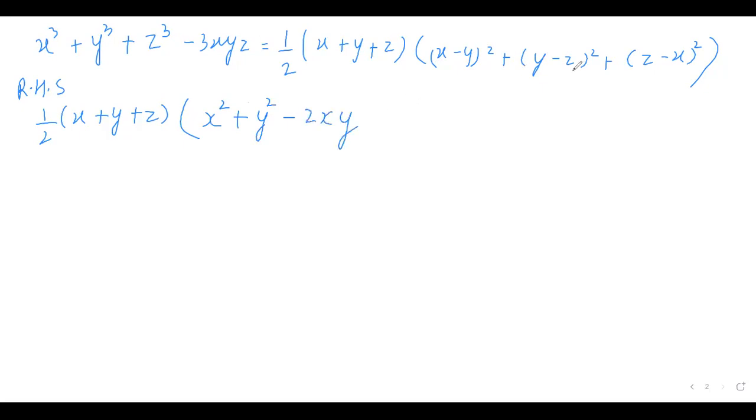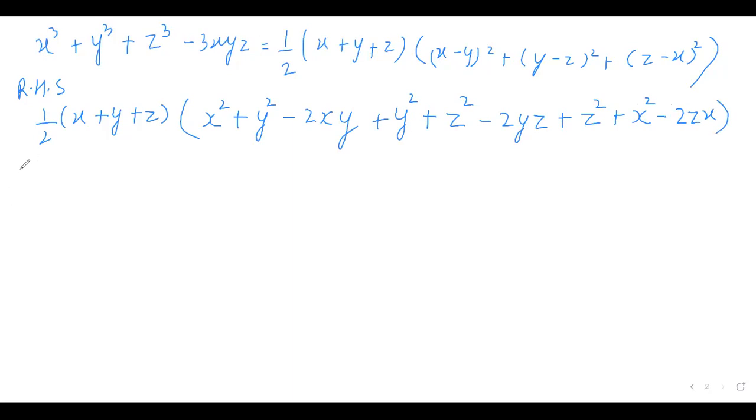Similarly, if you look at the second term, it is y square plus z square minus 2yz. If you look at the third term, it is z square plus x square minus 2zx. It is like this.